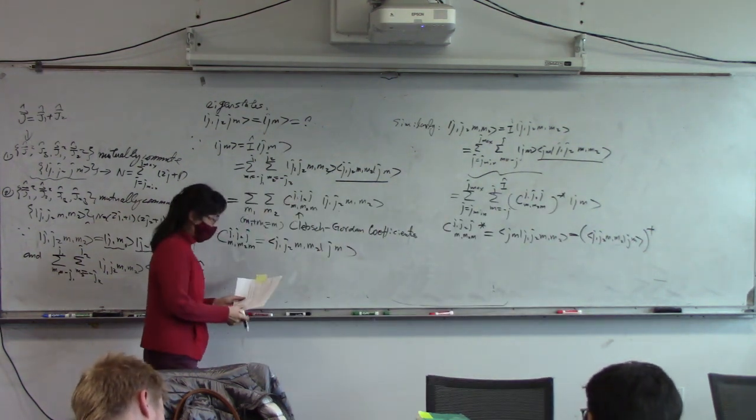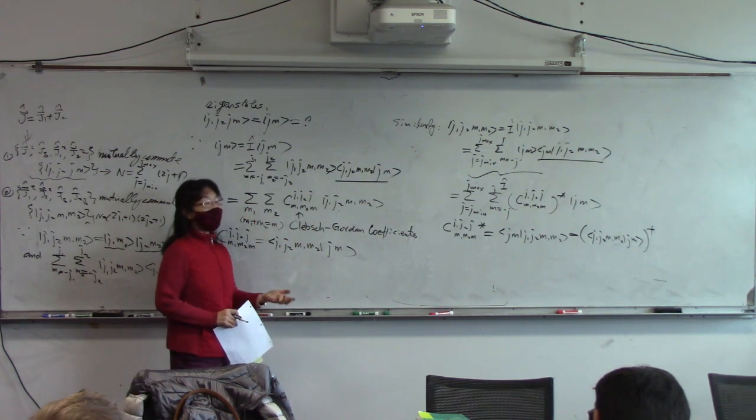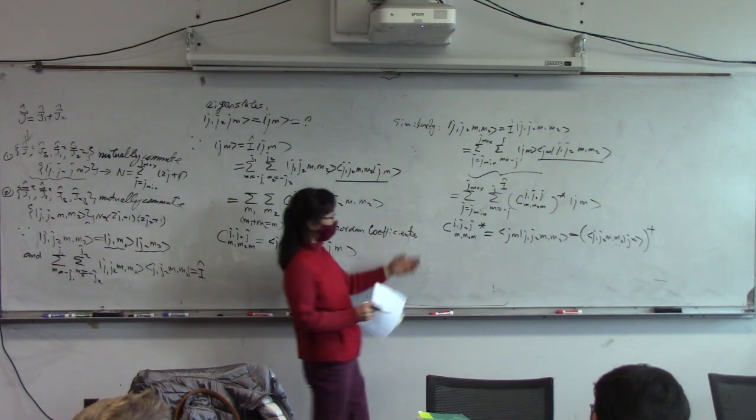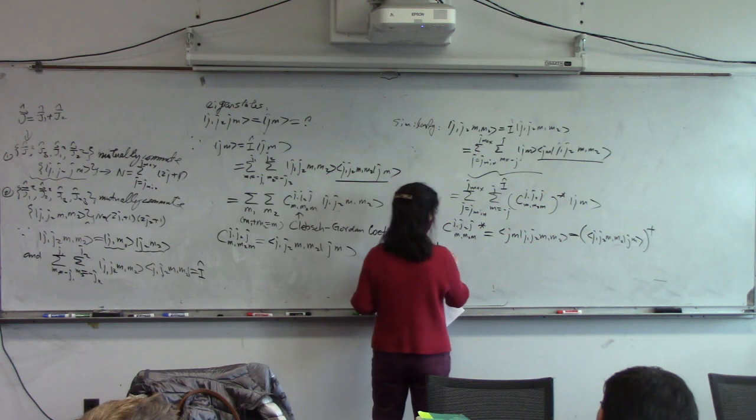Same thing. So even if the Clebsch-Gordan coefficient could be complex, it has its own number and its complex conjugate.